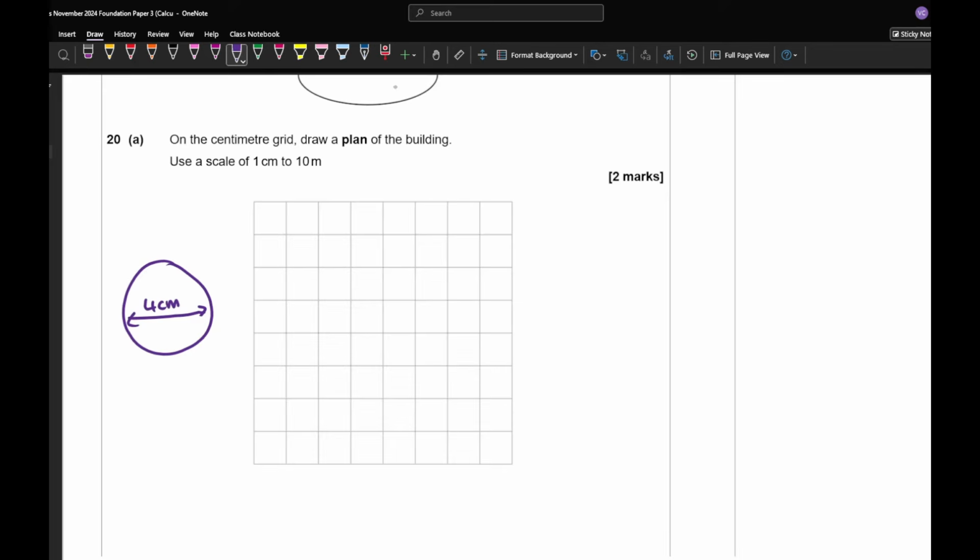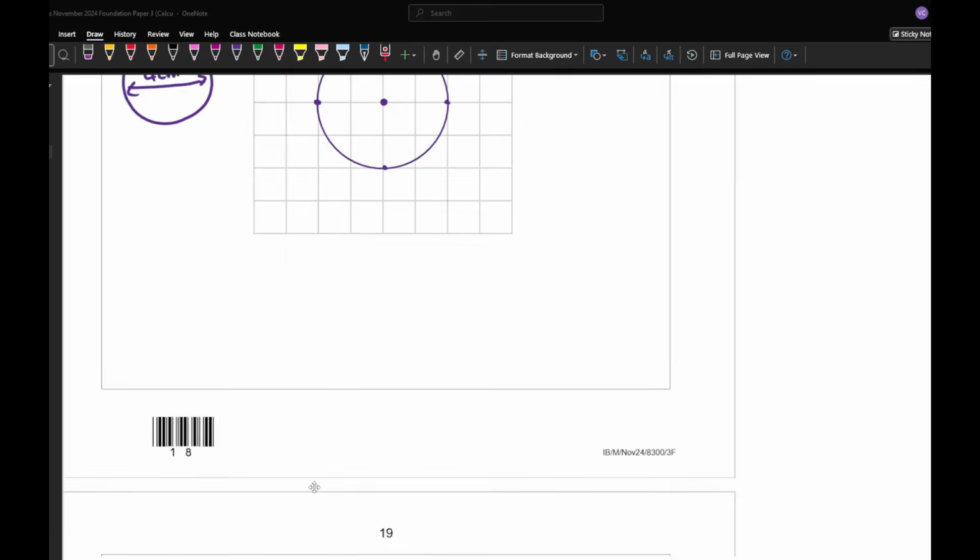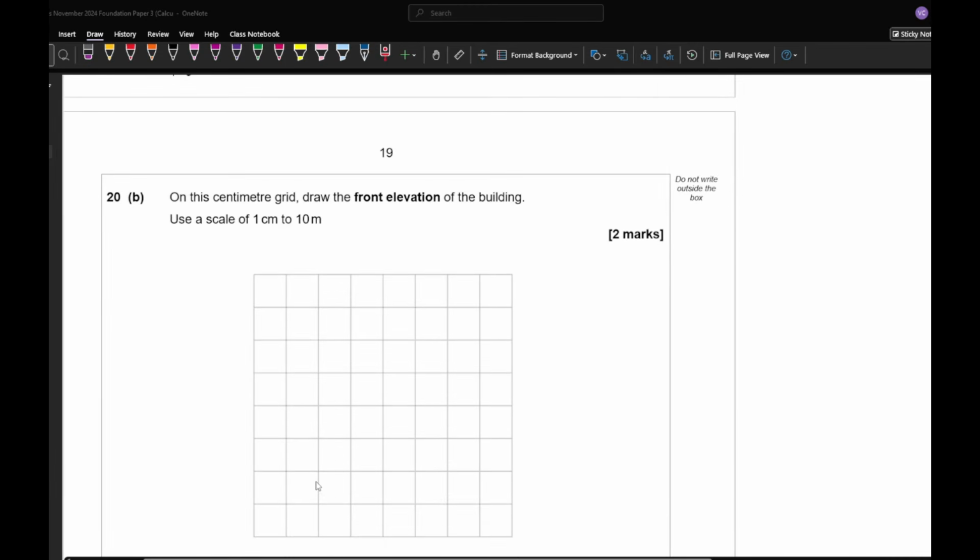So if you pick a centre point, which I'm just going to go here, then your circle should be going here. So using a compass and a centre point which you've marked, you should have something that looks like this, like so.